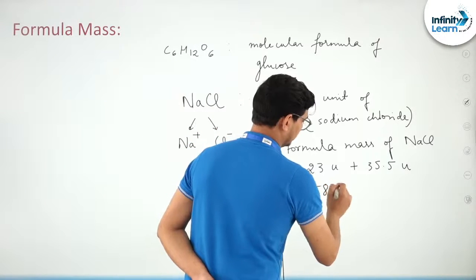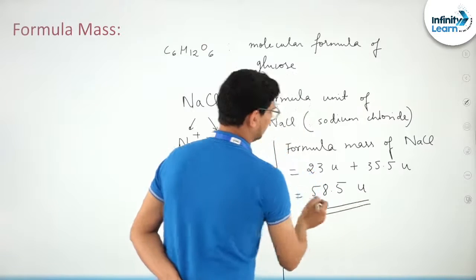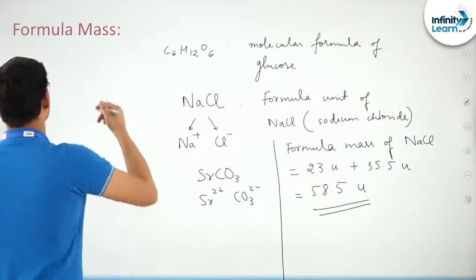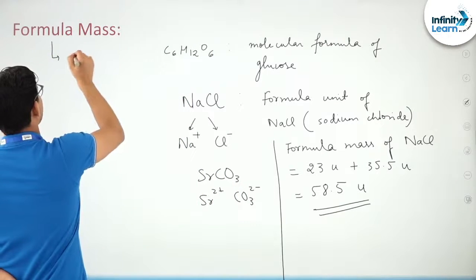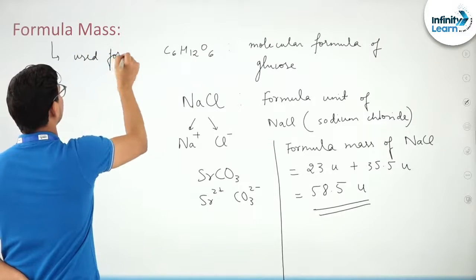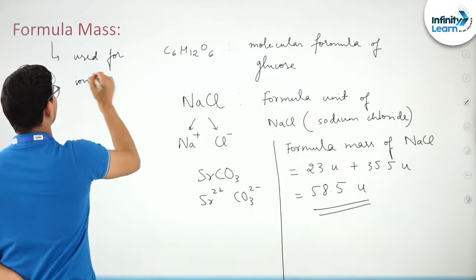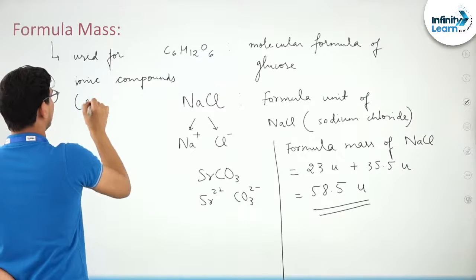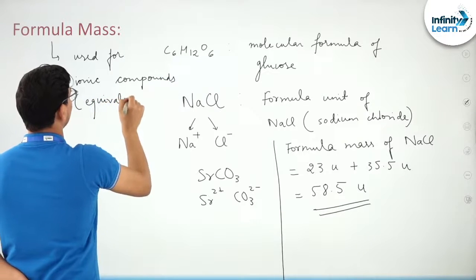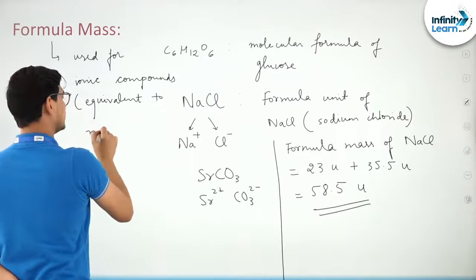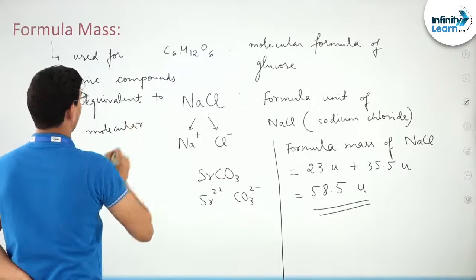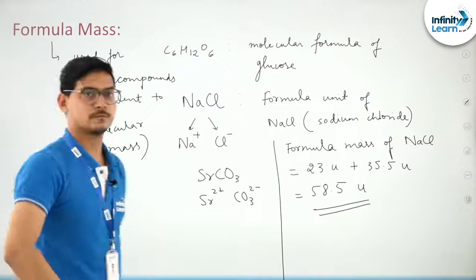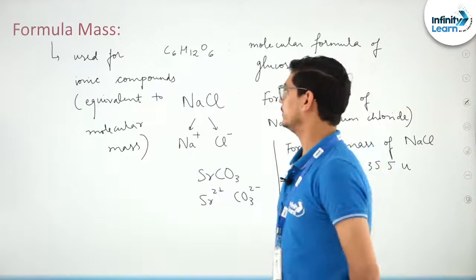It's very handy. 58.5 U. So can I write the formula mass is used for ionic compounds, and it is equivalent to molecular mass. It represents the same thing except the type of substance we are talking about. All right. So this is the formula mass.